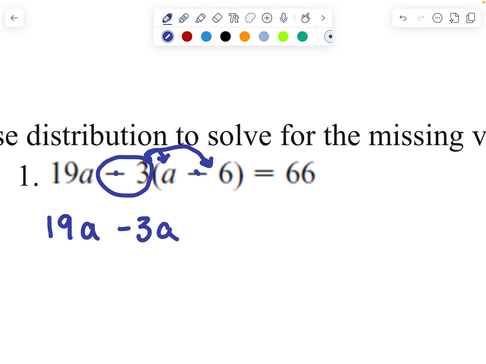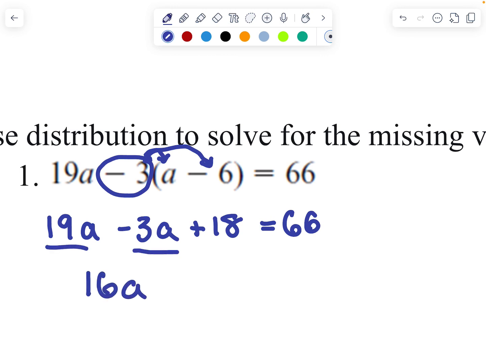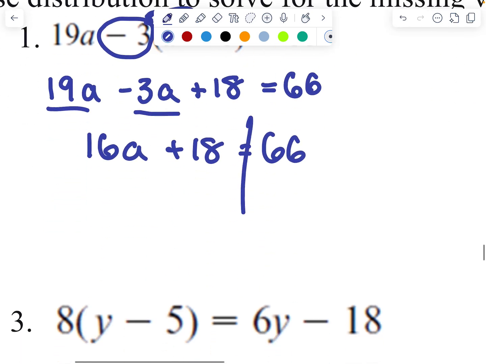Now be careful, we have a negative and a negative here. A negative times a negative is a positive, so that's going to become plus 18, and that is equal to 66. We can combine these like terms. 19 minus 3 is 16a, plus 18 equals 66.